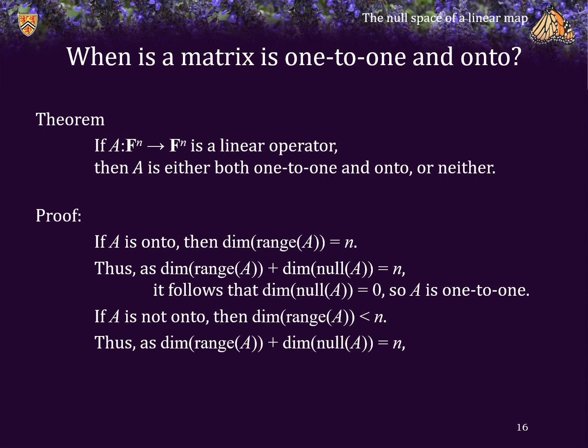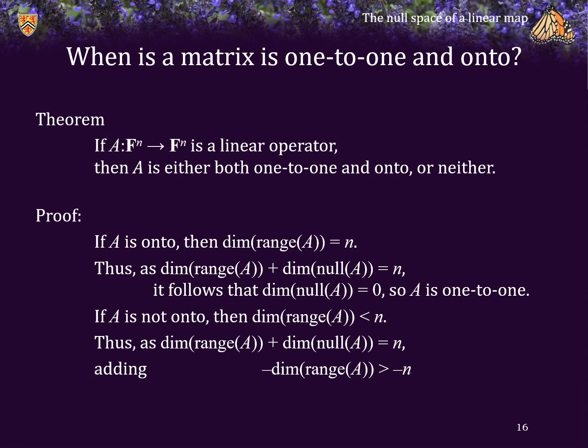Now, recall, the dimension of the range of A plus the dimension of the null space of A is equal to n. Now, let's add to this expression here. So I took the inequality that the dimension of the range of A is less than n, and I multiplied both sides by -1. But in doing so, I must change the direction of the inequality.